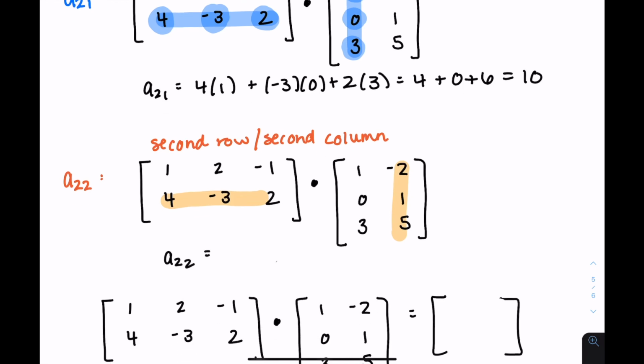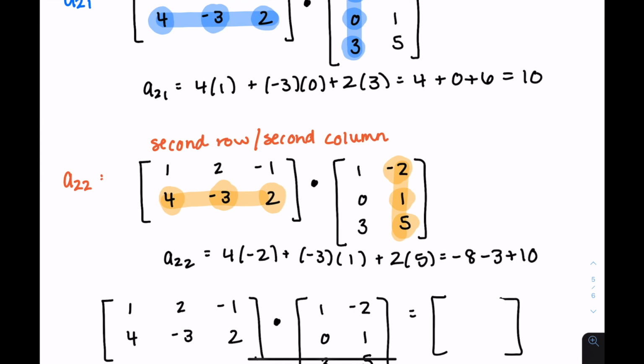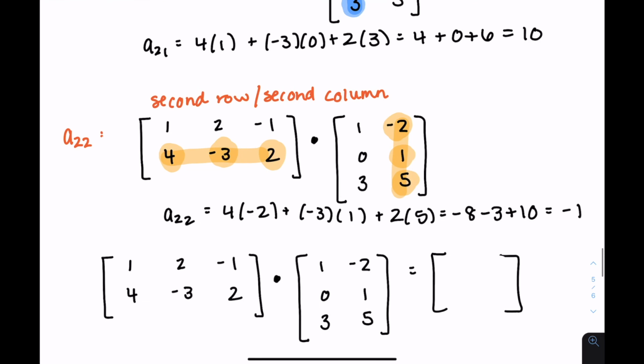So I go ahead and multiply the first to give me 4 times negative 2, then the next one, which is negative 3 and 1, and then finally 2 and 5. So overall, this element will be negative 1. So now the product of these will be negative 2, negative 5, 10, negative 1.